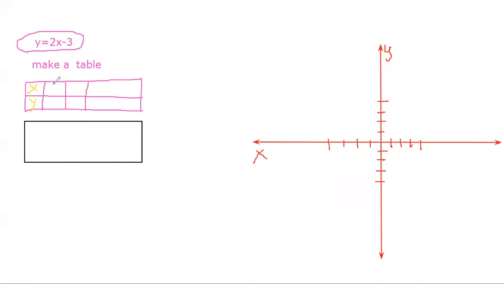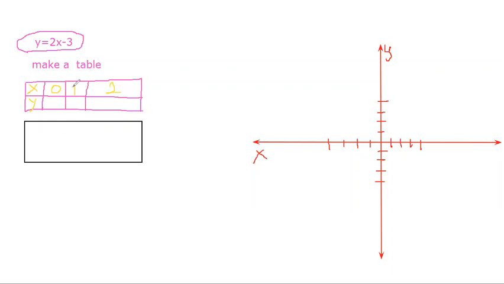For example, I chose 0. Why? 0 is easy to solve. Next I choose 1, and next I choose 2. So I have chosen three numbers.